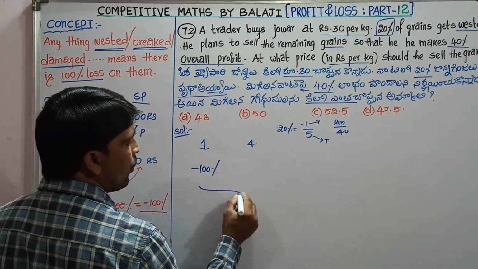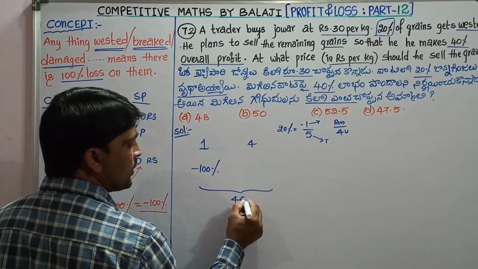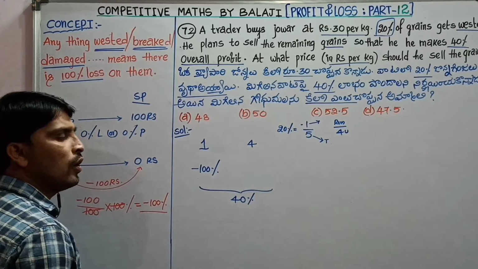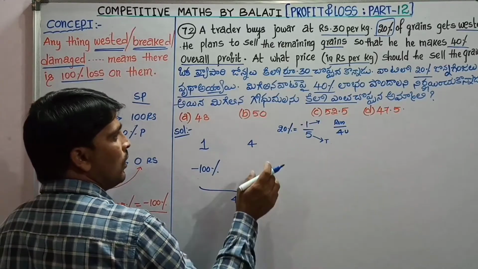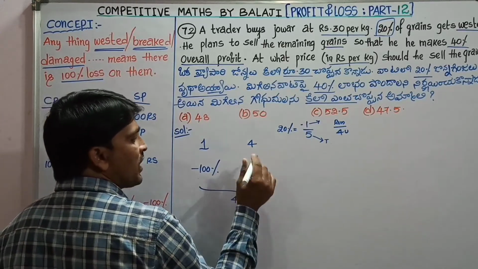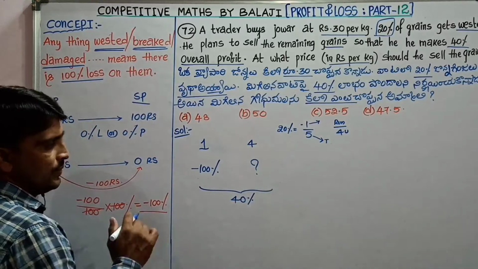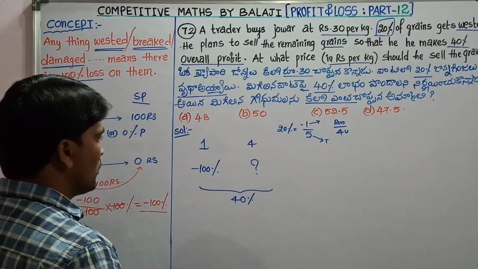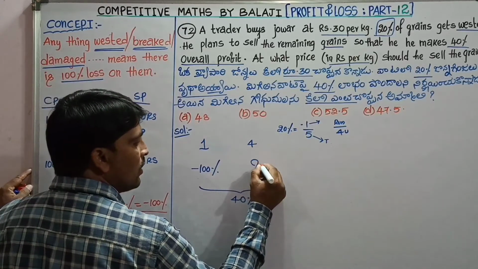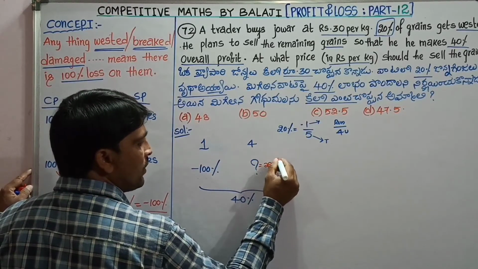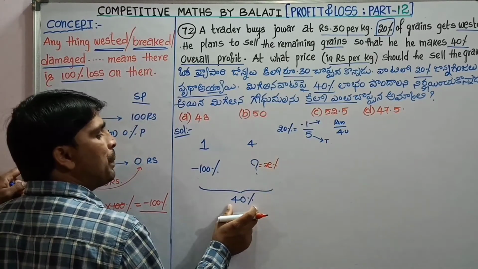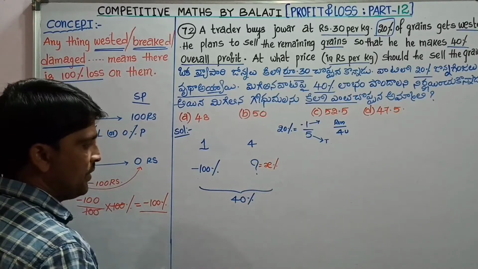To make an overall 40% profit, at what price per kg must the remaining grains be sold? We have to find it. Suppose we have to sell at X% profit to get 40% overall profit.